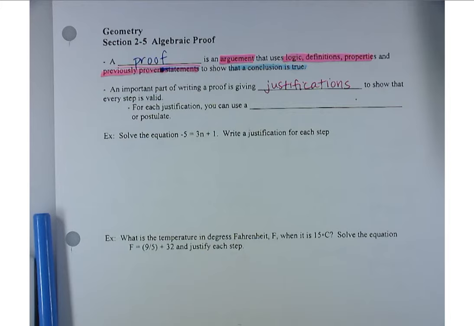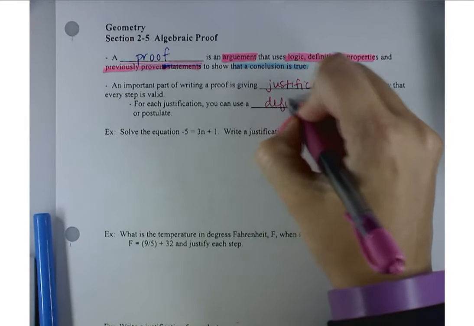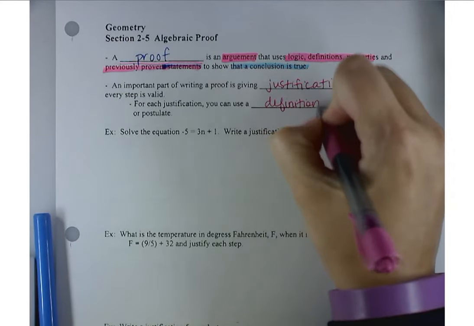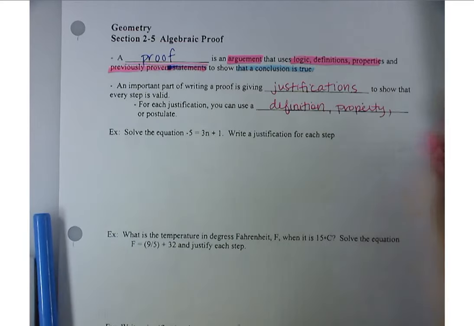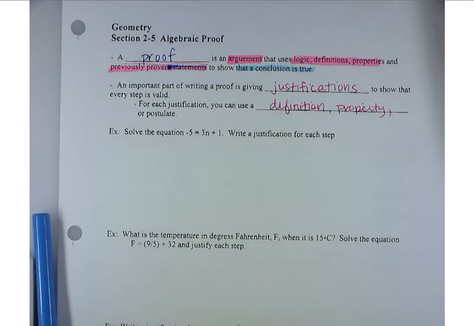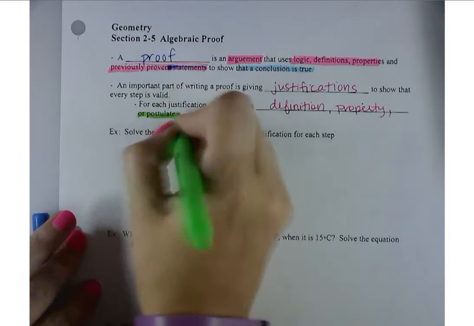We're going to do something similar here. So we're giving justifications to show that every step is valid. For each justification, you can use a definition, a property, or a postulate, which we wrote down for you.